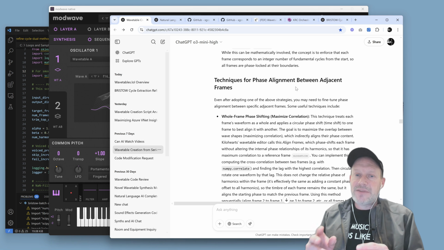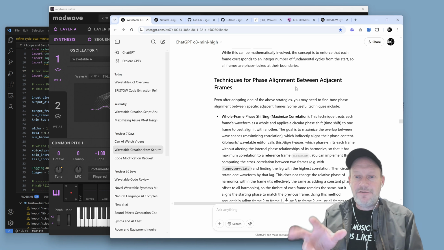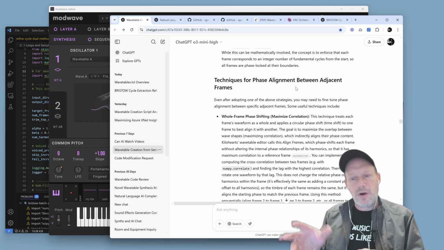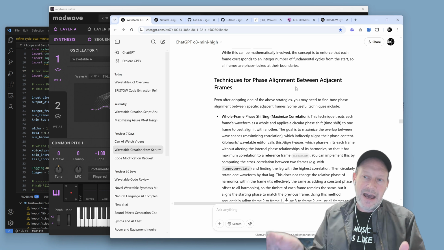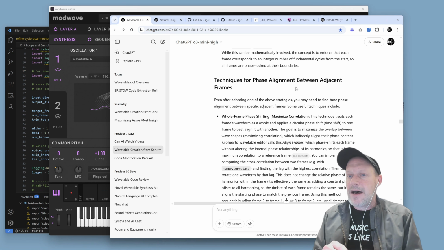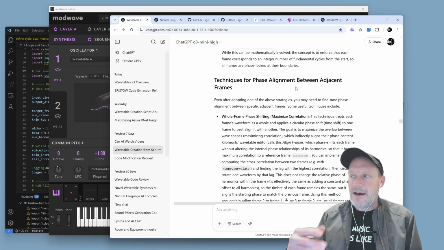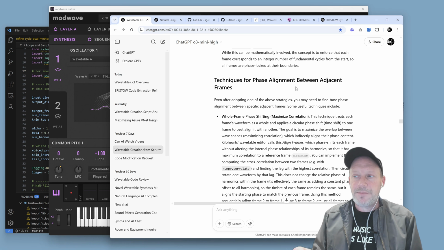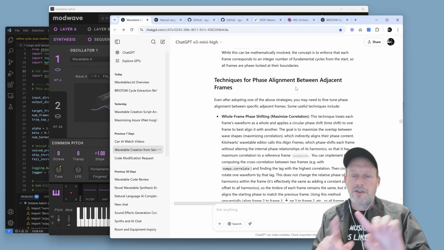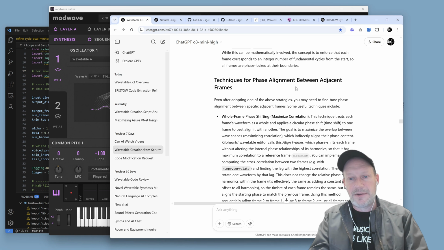That is, take into account not just what waveform should appear roughly at what time, if we think about time as the stacked waveforms in the wavetable, not just the harmonic amplitudes of that waveform, but also its phase with respect to the previous waveform that we decided was best for the previous position.